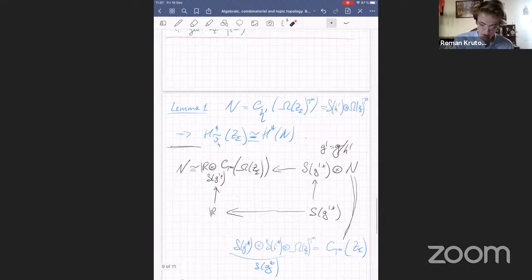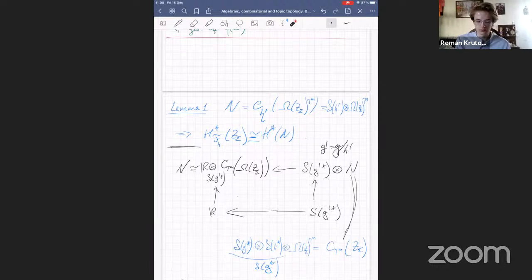And it's clearly seen since the Cartan model for Z sigma is S of J star tensor with this TM invariants, and to produce N, which is given here, we just factor out this part.